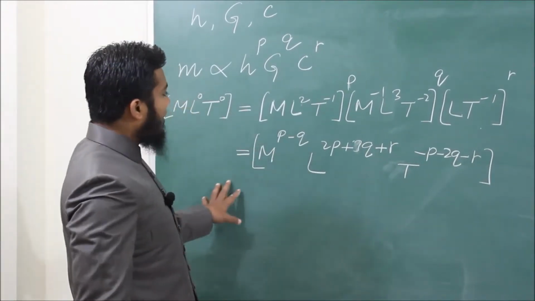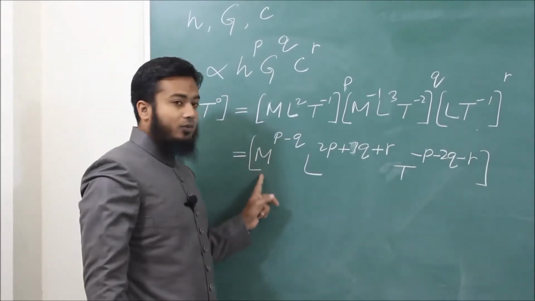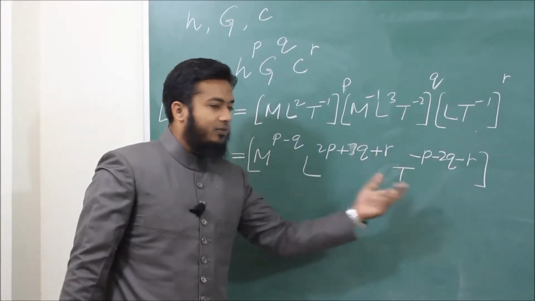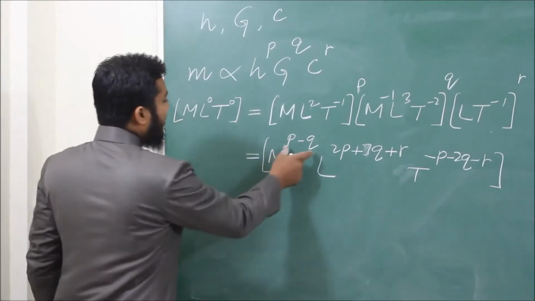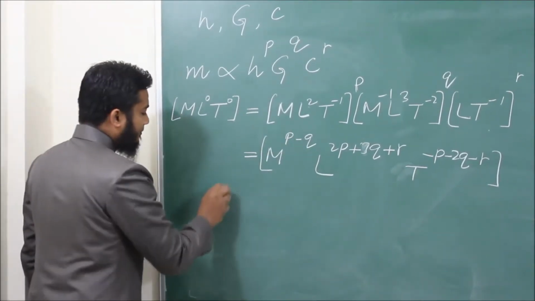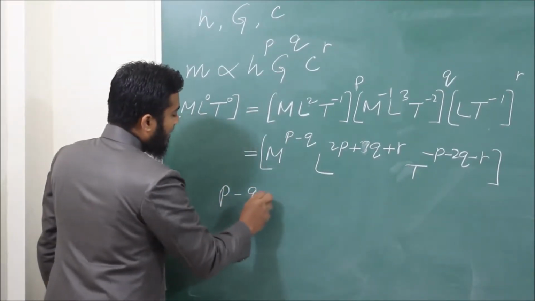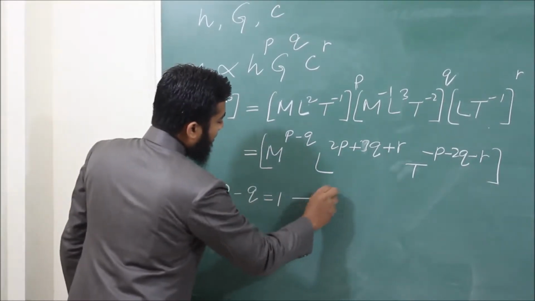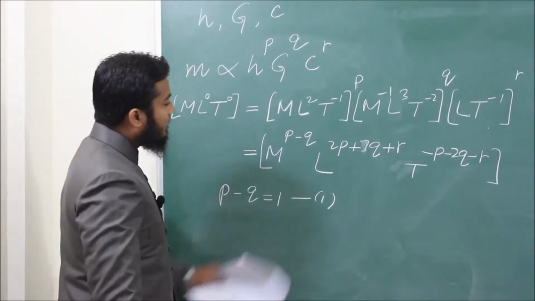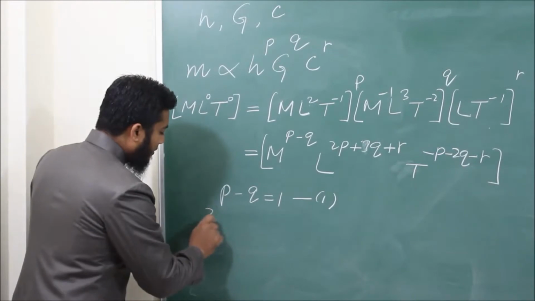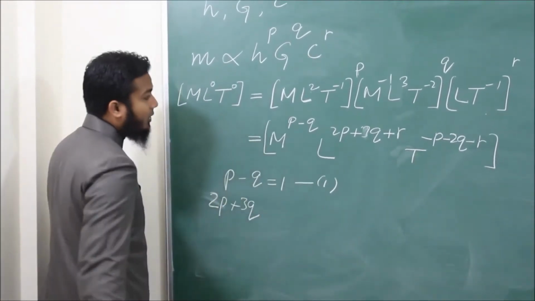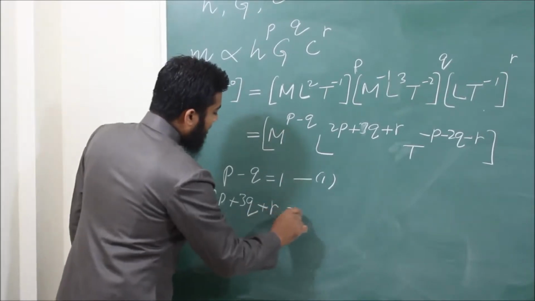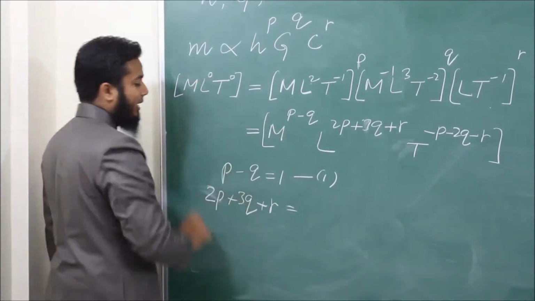So the dimensions on the right hand side are p minus q for mass, this for length, and that for time. Now dimensions should be the same on both sides, so p minus q must be equal to 1. Let's call this equation number 1. Then 2p plus 3q plus r must be equal to 0, since L has power 0.